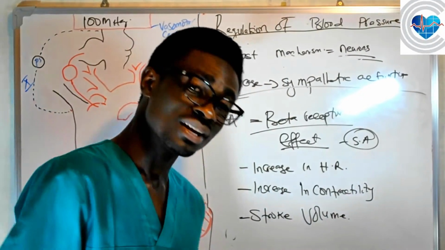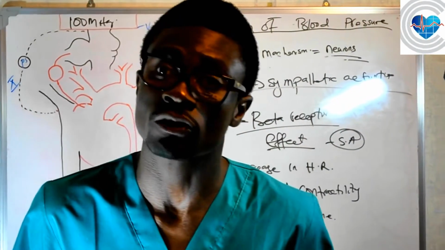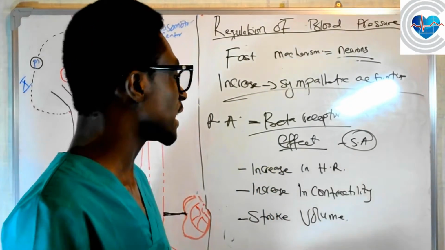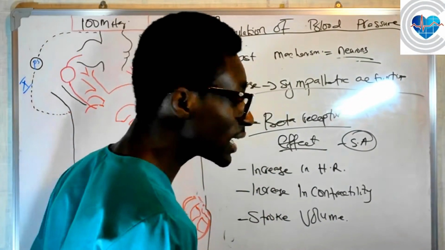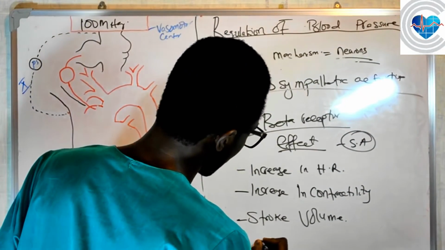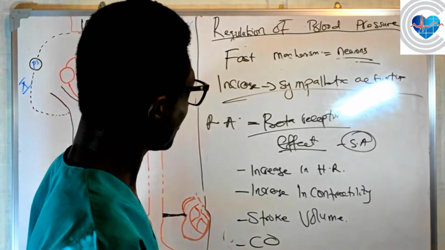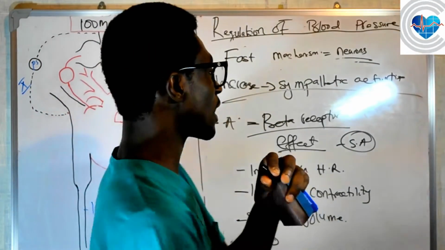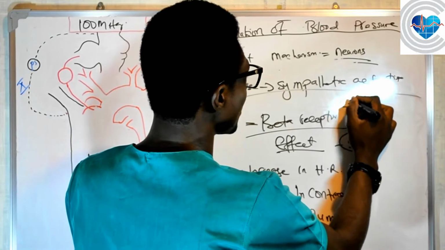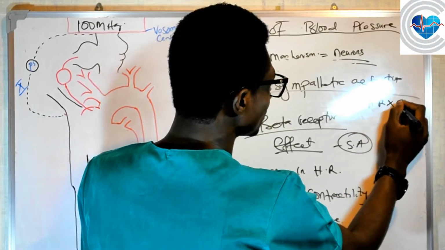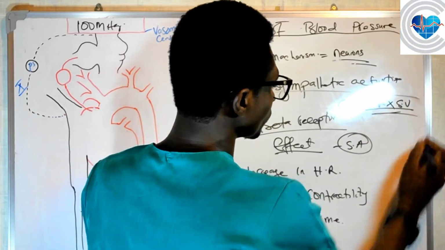If there is an increase in stroke volume, it simply means that there will be an increase in the total cardiac output. Even from your normal physiology, you understand that cardiac output, CO, is given as heart rate multiplied by stroke volume.